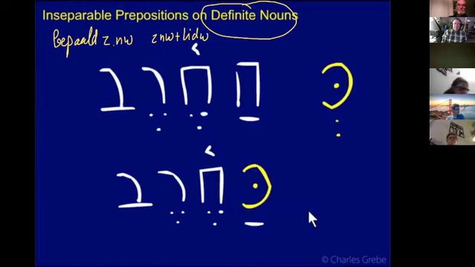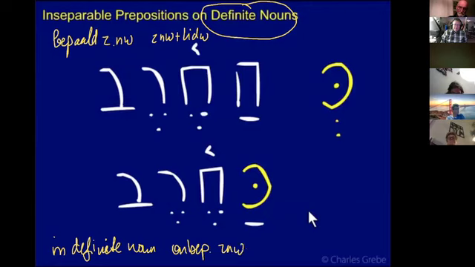Een indefinite noun is een onbepaald zelfstandig naamwoord. Dit zou zijn 'de auto', bepaald. En dit is 'een auto'.